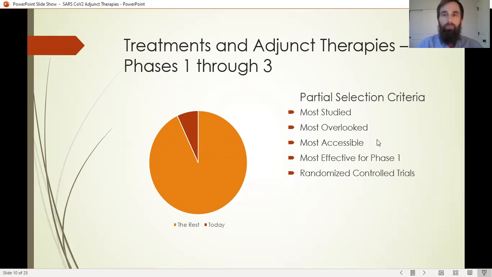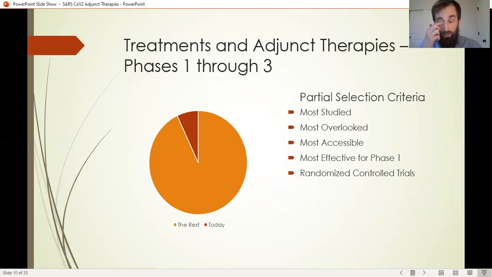Also, the other selection criterion is that they are most effective for phase 1. So a lot of the things that we're going to look at are not what you would want to be using in phase 2 or phase 3, because the priorities of care change when your lungs are not working.